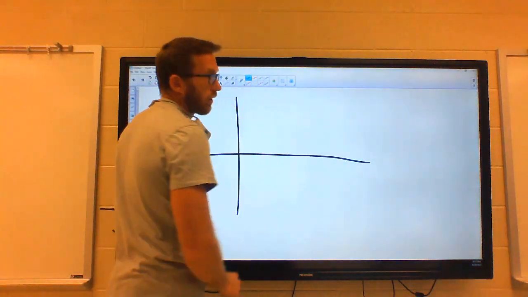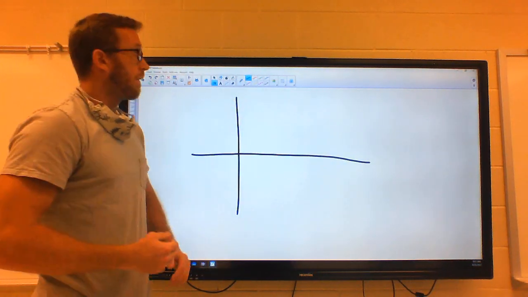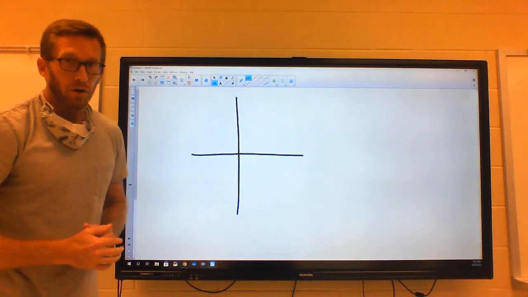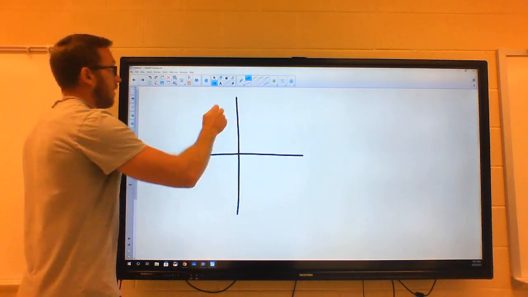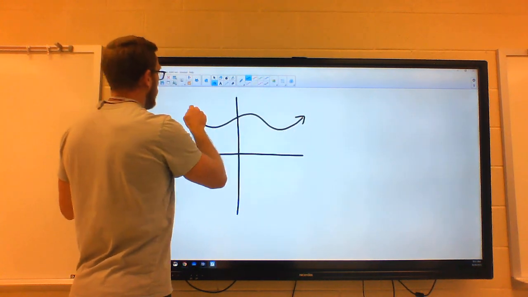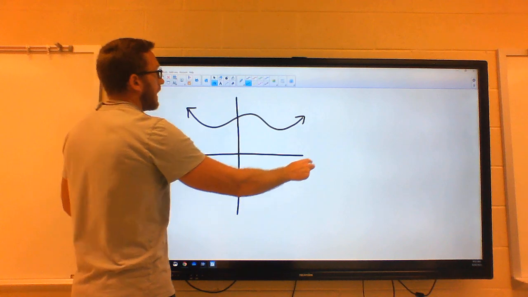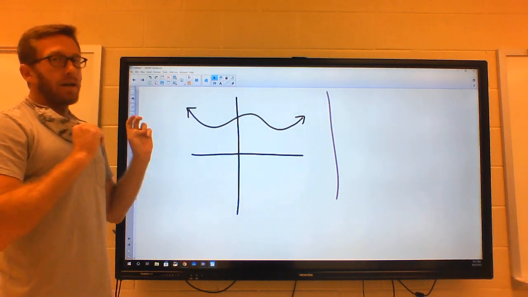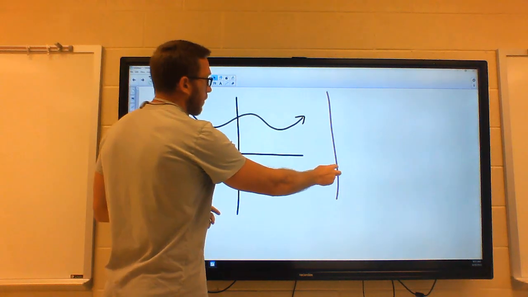The other way that you've looked at what makes something a function or not in the past was looking at the vertical line test. So there's a rule that, let's say we have a function, and that function goes forever. As long as it passes what's called the vertical line test, then it is a function. Let's talk about what that means.